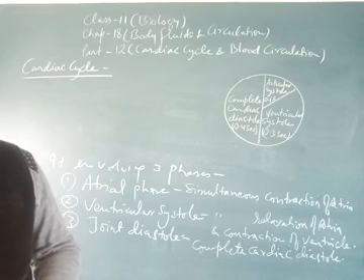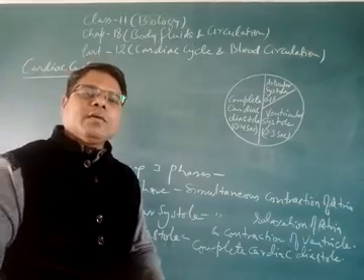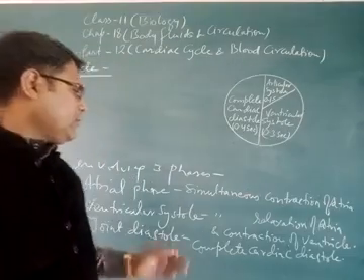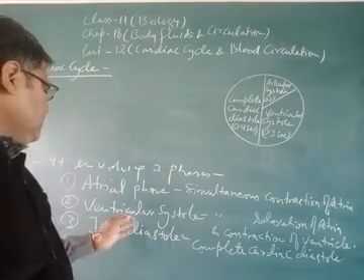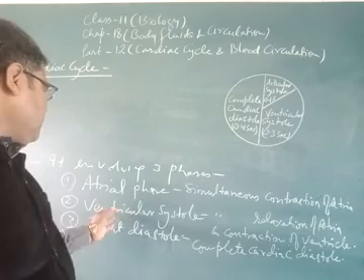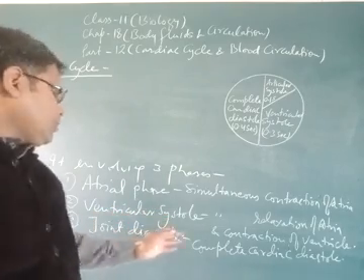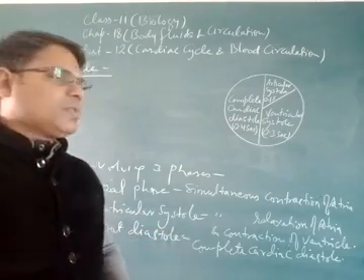So students, you see that the cardiac cycle involves 3 phases: atrial phase, ventricular systole, and joint diastole.